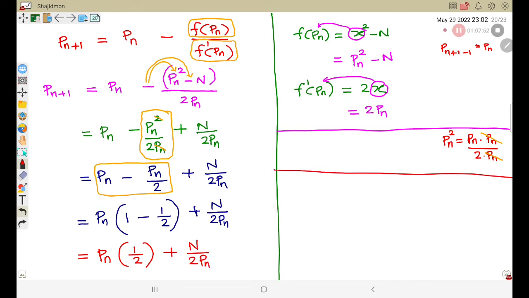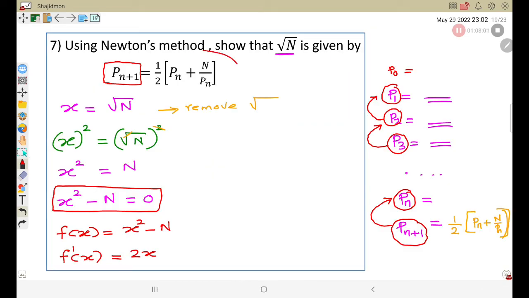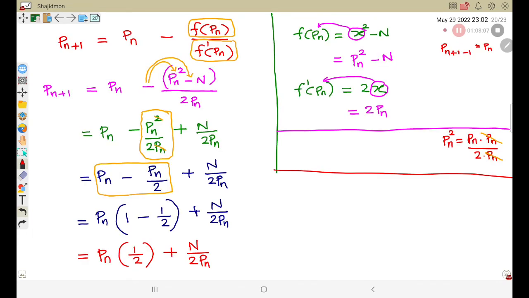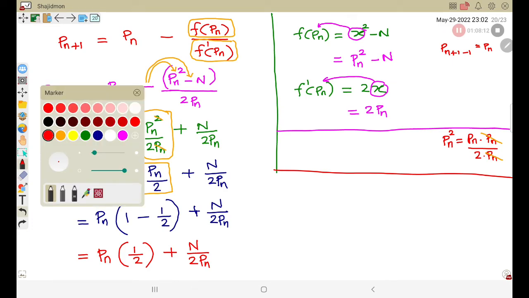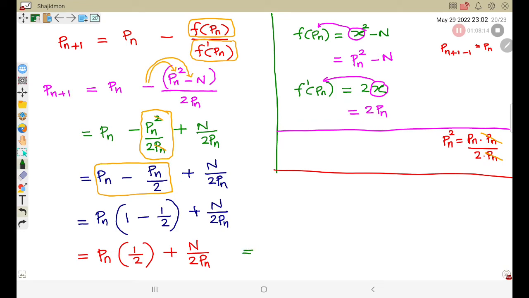I hope all of you understood up to this step. Now always keep in mind what our aim actually is. Pn plus 1, what answer do we need to get? We need to get this answer. This is our aim: half into Pn plus n over Pn. Correct? That is why we are doing this simplification like this. Now again from this you can think about these two: which term can we take common? From the first term this and the second term this, which term can we take common outside?